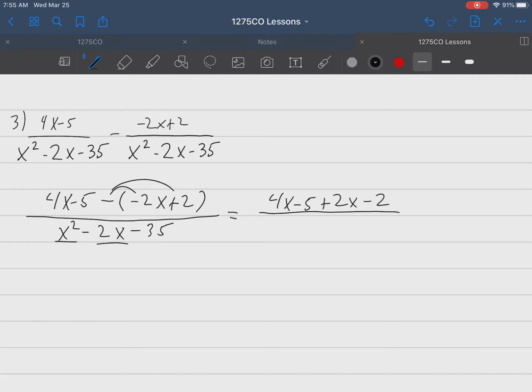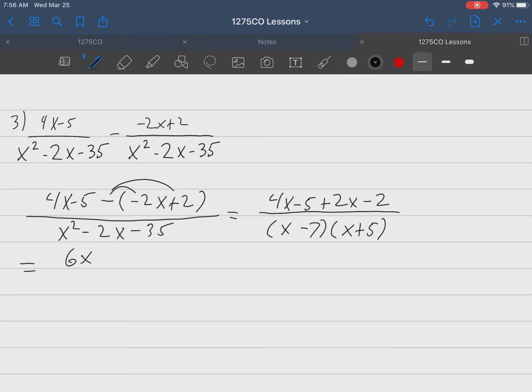And then on the denominator, we can go ahead and factor that. X squared minus 2x minus 35 is going to factor into x minus 7 and x plus 5. Like terms, 4x plus 2x, negative 5 minus 2.